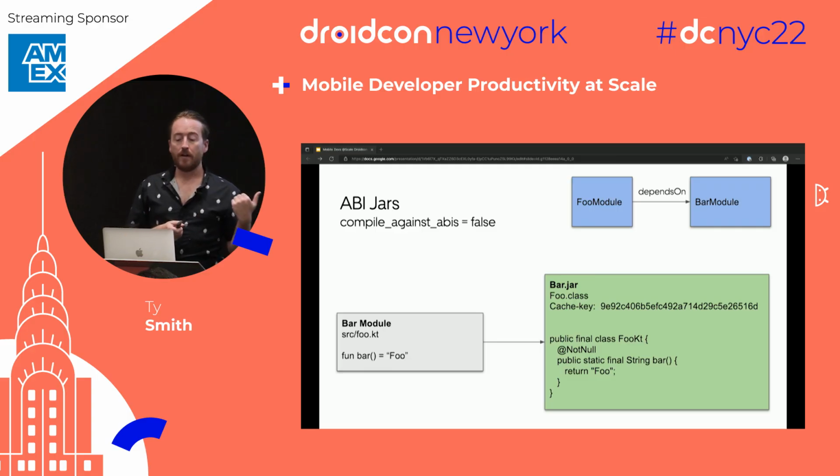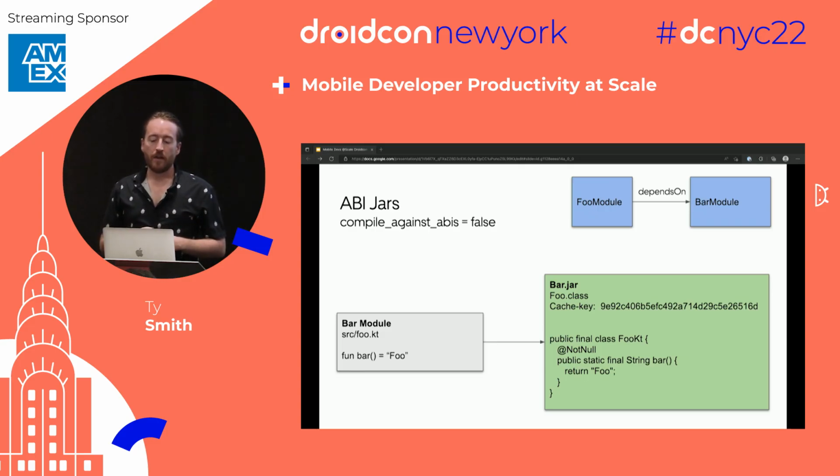So let's say we have a module that has one source file in it that has a method called bar, and it's producing a string called foo. Now, I compile that, and I get a class file that looks similar to the right, where my Kotlin method has become the full jar that has a static final string method bar, and its implementation is return foo.